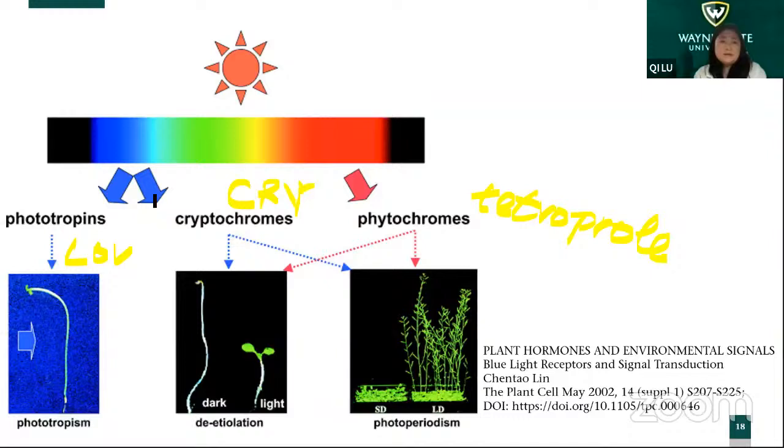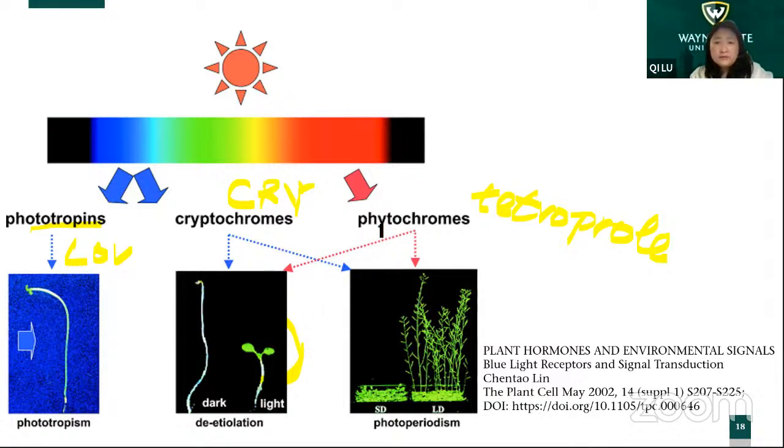So we can see that the phototropism with the LOV domain senses the blue light, and it will cause the plant to move towards the light. And the blue light can also activate the CRY, with light starting a morphology change, starting to grow the leaves.